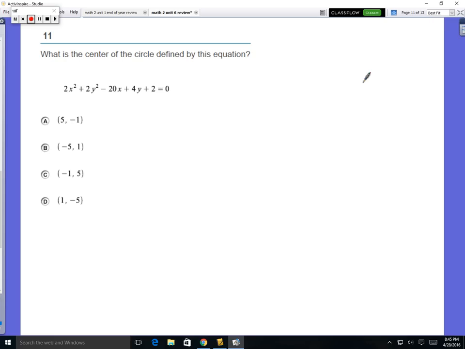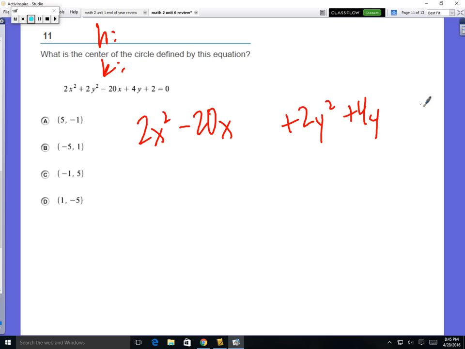Okay, number 11. You need to find h and k. So let's organize our x's and our y's. If we go 2x squared minus 20x plus 2y squared plus 4y is 0.